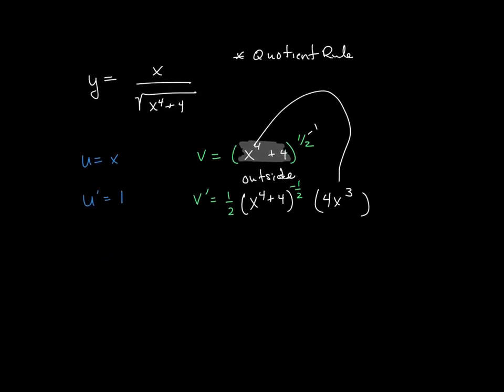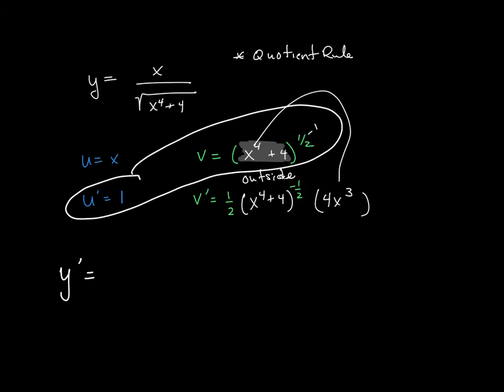All right, so to use the quotient rule, now I have y prime is equal to the derivative of the numerator times the denominator.